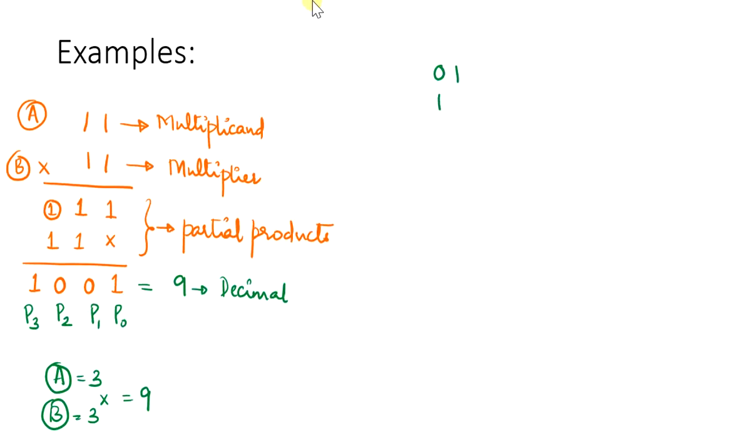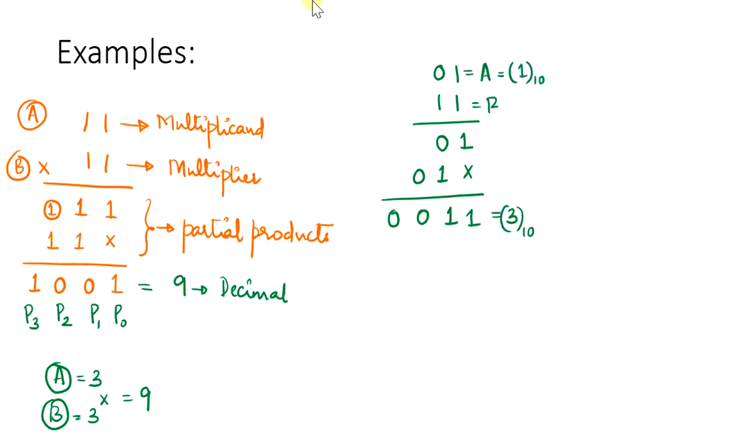In a similar manner, let me consider other examples. I have 01 multiplied with 11. The result will be 0011, which is equivalent to 3. A was equal to 1 and B was equal to 3, so 1 multiplied with 3 gives a result of 3.